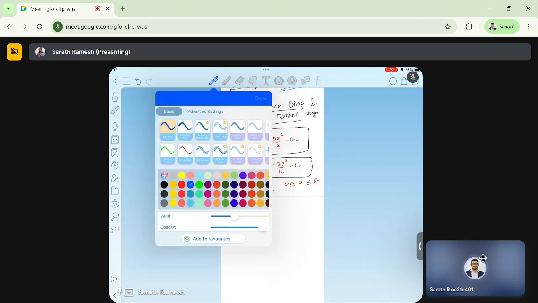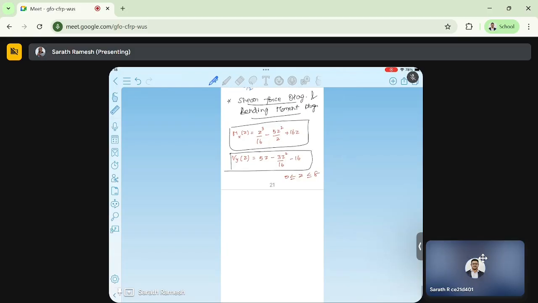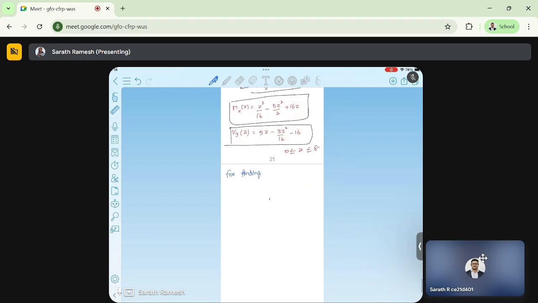So for finding maxima, we set dMx by dz equal to 0. This implies 3z square by 16 minus 10z by 2 plus 16 equal to 0.